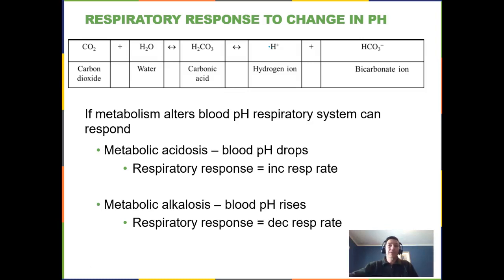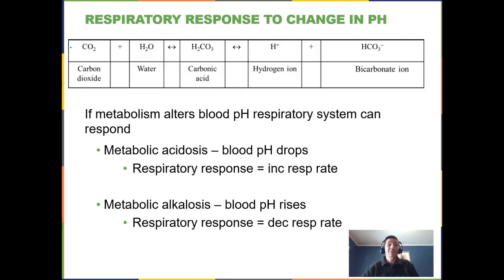You want this chemical equation here to run in this direction so that you can incorporate these hydrogen ions into carbonic acid, which then gets converted back into water. So you're going to increase your respiratory rate, which means you're getting rid of the CO2 and pushing all the chemistry in this direction. Whoops, all the way there.